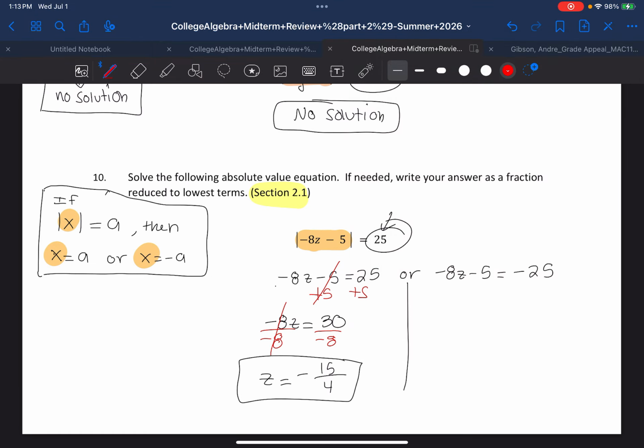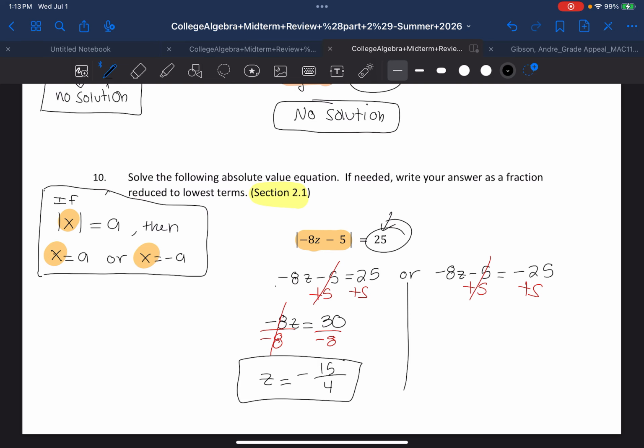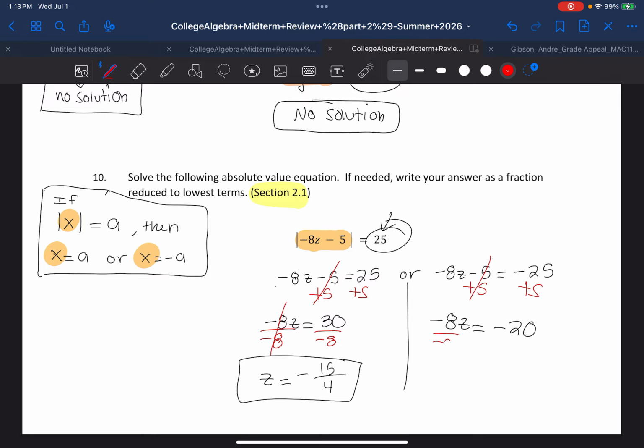Now for the other answer, I add 5 over again. And this will give me negative 8z is equal to negative 20. And then I'll divide both sides by negative 8.